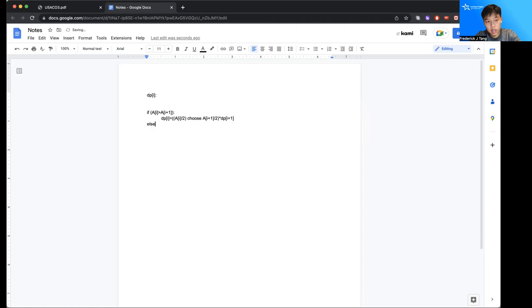And for the second case, otherwise, which means A I is less than or equal to A I plus 1, I guess this could just be equal. The equal doesn't really matter, because if they're equal, it's exactly one possibility. So anyway, DPI equals, we do the same thing.